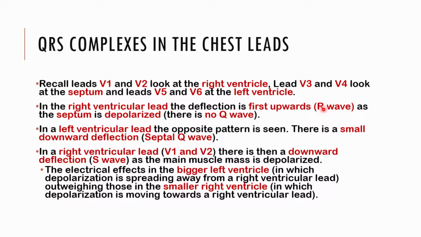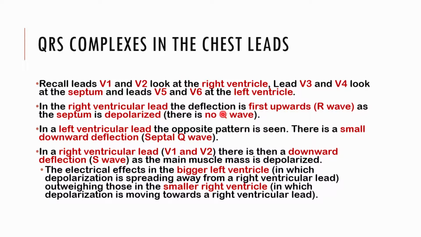The right ventricular leads are going to have a deflection, because the first thing that's going to depolarize is the septum. Okay, so the septum will depolarize at first, and once the septum has depolarized, this will cause an upward deflection, an R wave. So it means that in leads V1 and V2, which are involving the right ventricle and the septum, there won't be any Q wave. So there's no Q wave.